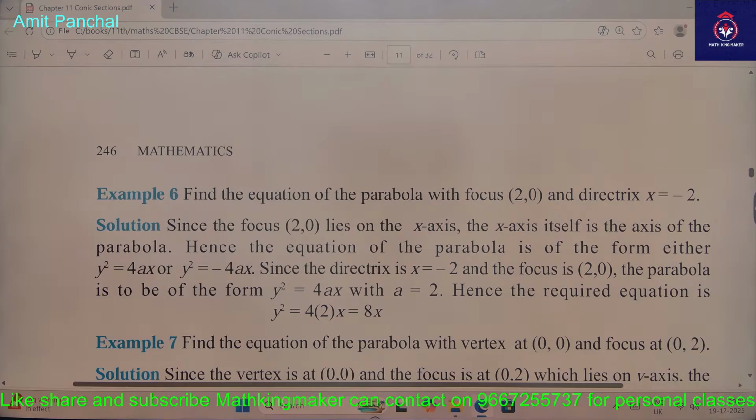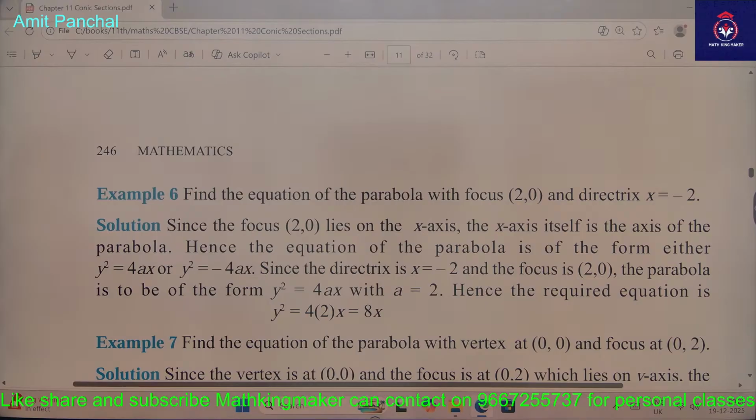Right. So vertex is at 0, 0, and focus is at 0, 2. With this, x square equals to 4ay.